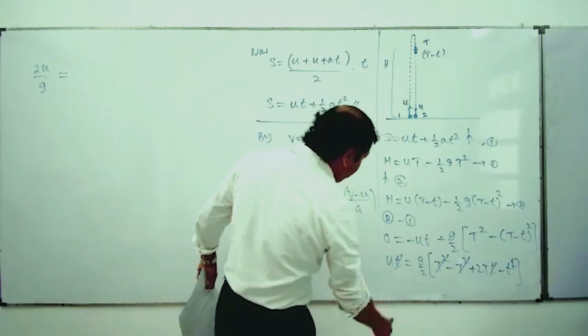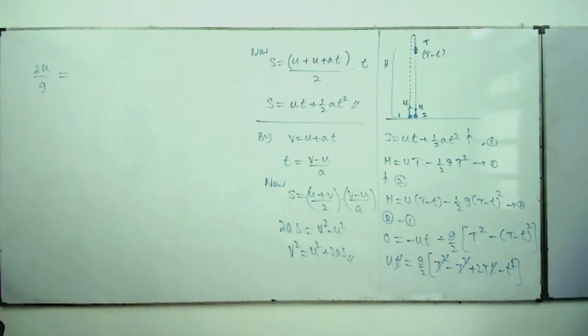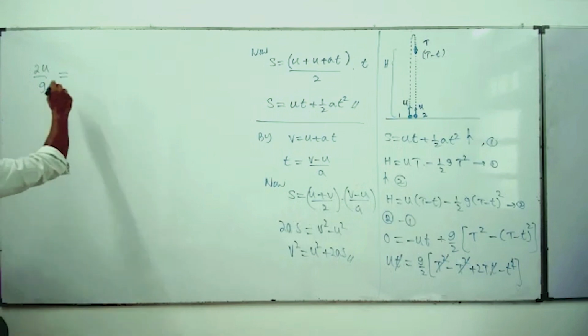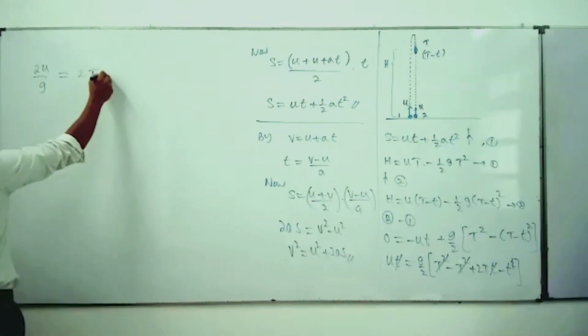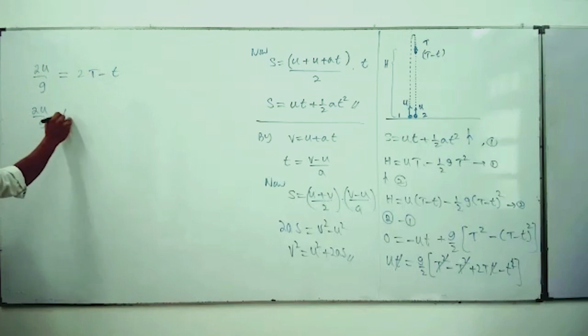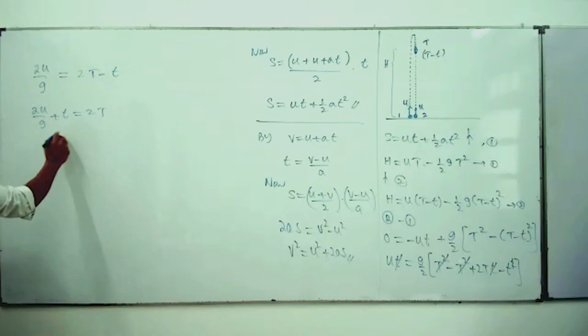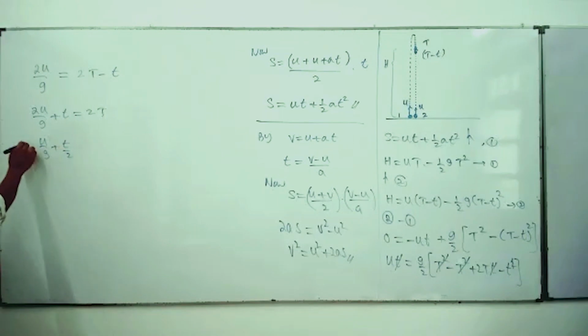Within the bracket we get 2T minus t, I mean this side. Divide by 2, 2 by g, 2 by 2 is capital T.